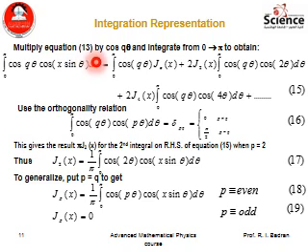Now you need to multiply equation 13 by cosine q theta, integrate from 0 to pi to get this, and use the orthogonality relation. This will reduce the second term on the right-hand side of equation 15 into pi J2.